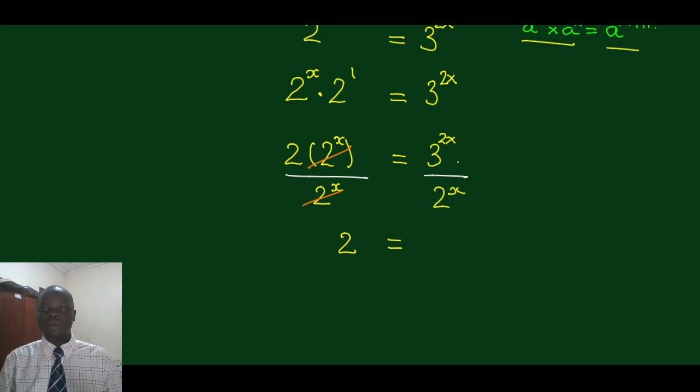Before we proceed, realize that there is a certain exponential rule that says if you have a to the power of n over b to the power of n, this is the same as a over b, all to the power of n. Studying this carefully, you will see that we have x at the numerator and x at the denominator.